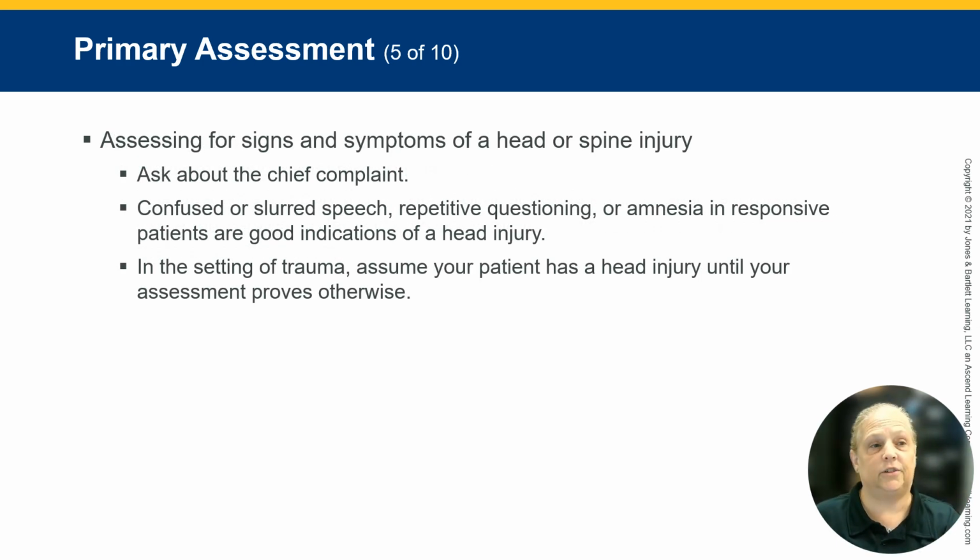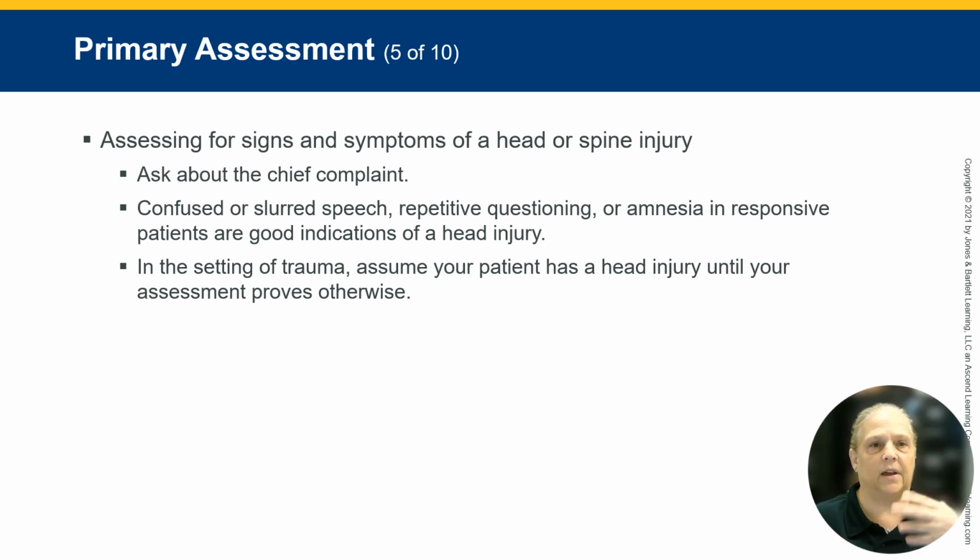You're going to assess your patient for signs and symptoms of a head injury. How did it happen? Where does it hurt? Does your neck or back hurt? Can you move your hands and feet? Did you hit your head? If they have things like slurred speech, they're confused, repetitive questioning. Repetitive questioning would be, where am I? What happened? What day is it? What are you doing? Where are we going?